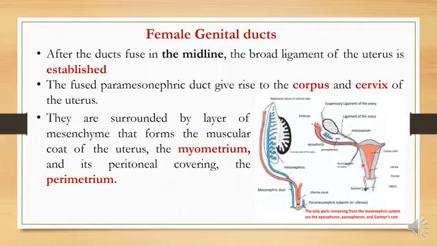They are surrounded by layers of mesenchyme that form the muscular coat of the uterus, the myometrium, and its peritoneal covering, the perimetrium.